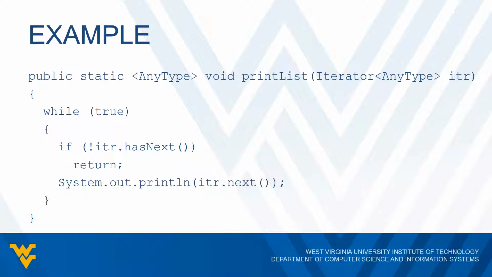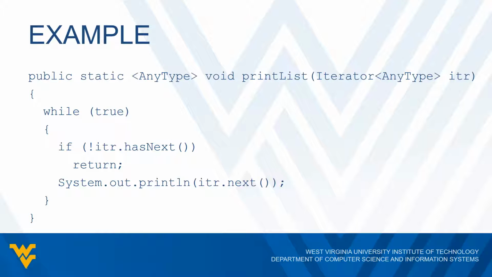Let me show you an example of the same method, except now we're replacing the whole recursion part of it with this loop. So we have a while loop that says while true. Now granted, that's an infinite loop. Usually infinite loops are bad, but you'll see why this is okay here. All we're doing inside here is we're checking if there's something next, we'll print whatever that is, and then we go back to the while loop and then we check that again.